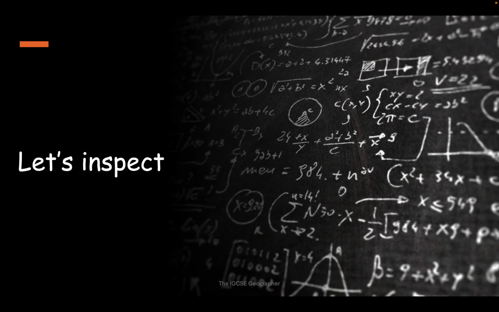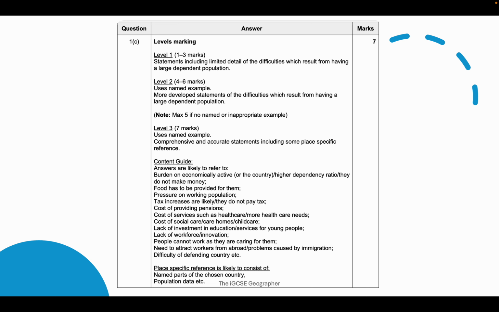So how are we going to tackle this question? I've shown you the mark scheme from the past paper questions I showed you earlier. As you can see under the content guide, here are some problems that have resulted from either an old or a young dependency ratio.